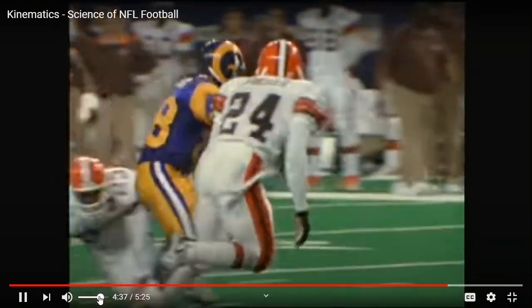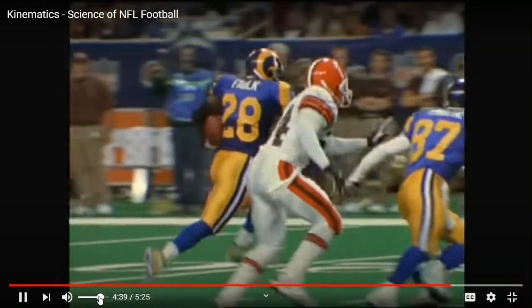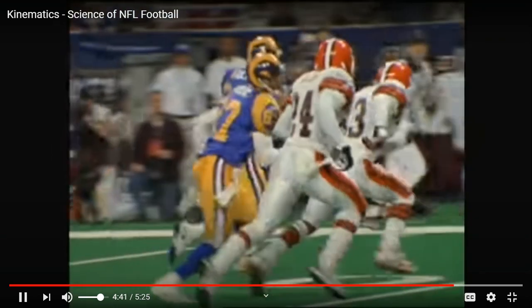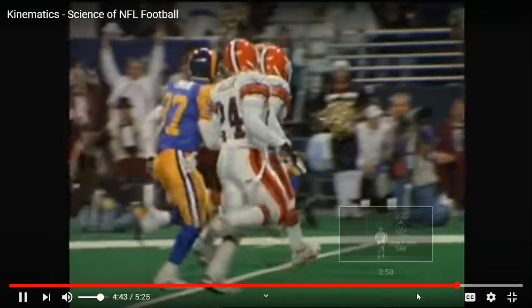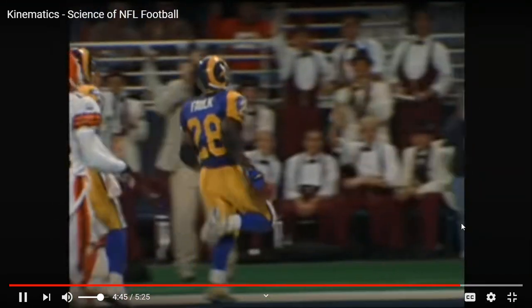We want to reach our top velocity as quickly as possible. Someone with very low acceleration might take 5 yards to reach top velocity, while someone with great acceleration might be able to reach top velocity in half that distance. On the playing field, acceleration, or the ability to reach top speed quickly, may be a running back's most potent weapon. If you can accelerate, you're going to get to top speed.